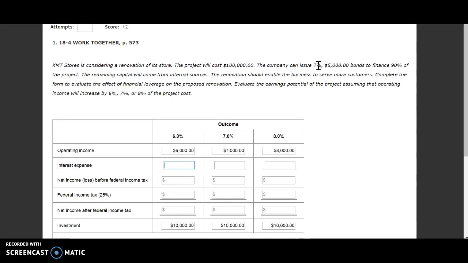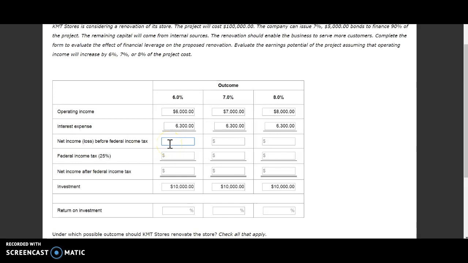So we take 90,000 times that 7% interest rate, and that's going to be $6,300. Again, this is going to be the same all the way across, because we are financing those bonds for that project no matter if it's 6%, 7%, or 8%.